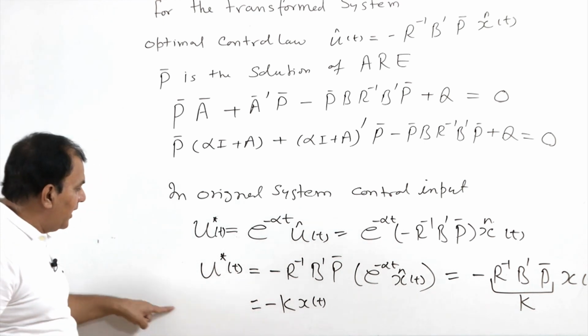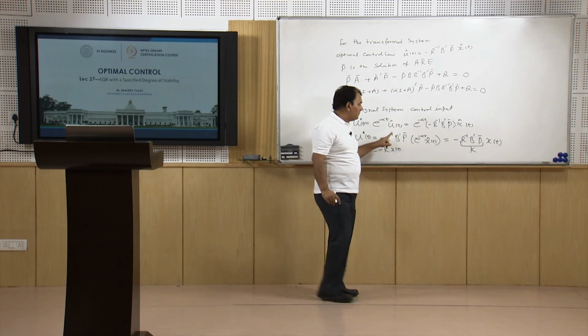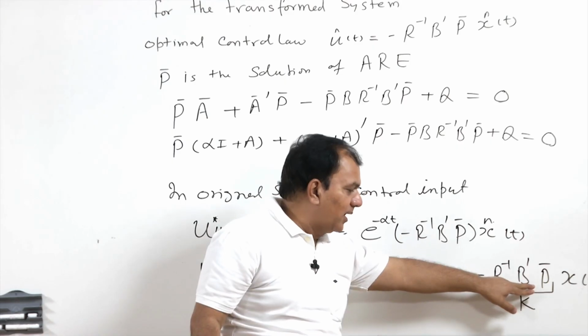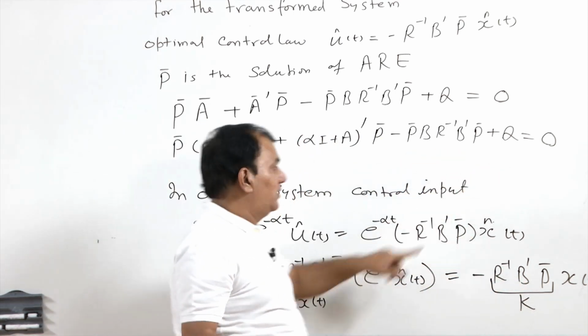So, I can directly implement state feedback on the original system, except that P bar is now the solution of my modified Riccati equation.